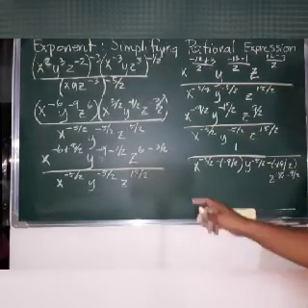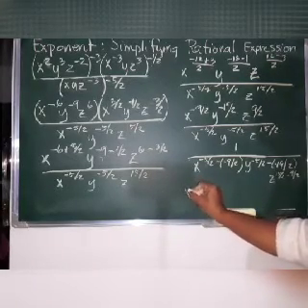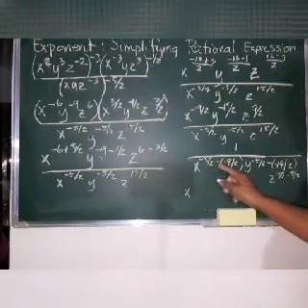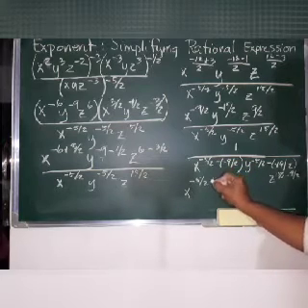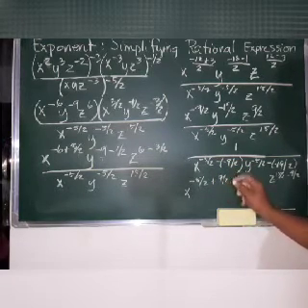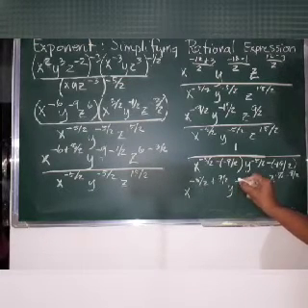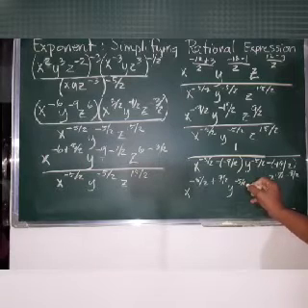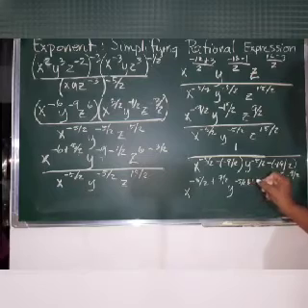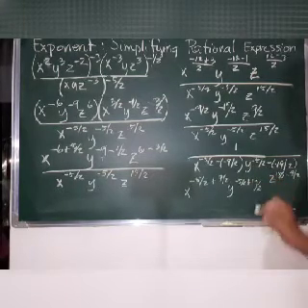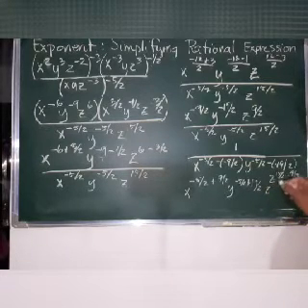Next, simplify. So, x, negative 5 halves, negative times negative positive, 9 halves. Next, y, negative 5 halves plus 19 halves, z, pareho lang.